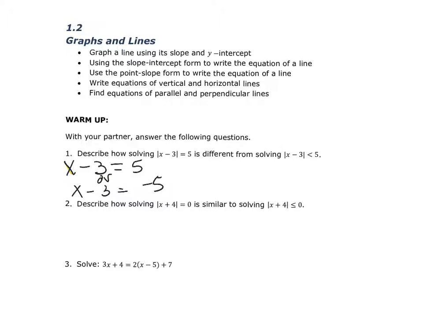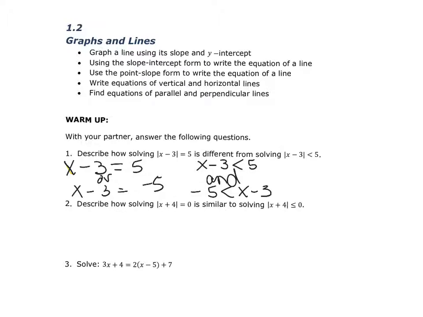I would expect two answers, two values for x that will make that a true statement. On the inequality, however, I can either write it as two separate inequalities, or I can write it as a compound inequality. If I write it as two separate inequalities, I would write x minus 3 is less than 5, and, not or, negative 5 is less than x minus 3. And I would solve that. I would expect an interval of numbers for which that is the solution set.